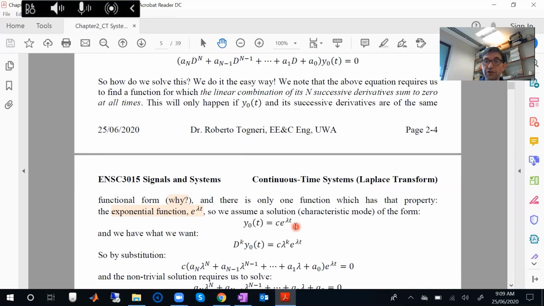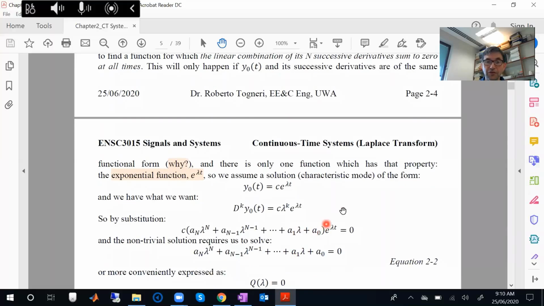The exponential solution is what you might call how all these systems behave. They behave in an exponential manner because that's the only way that you can have all these derivatives go to 0. You can see that because of this important property of the exponential function: the derivative of an exponential function is another exponential function.